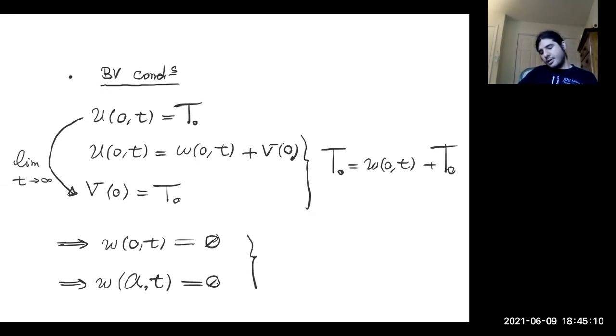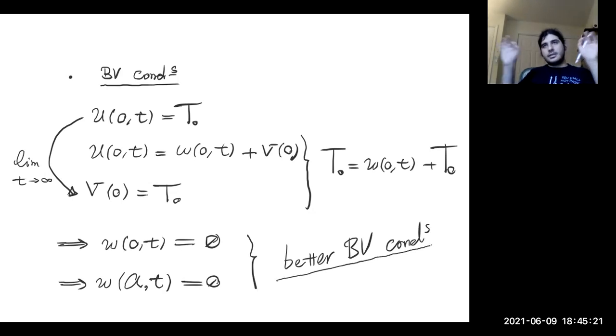So, in some sense, they're better boundary value conditions. They say the values of our function at the two boundary points are equal, and not only that, but they're also equal to 0.